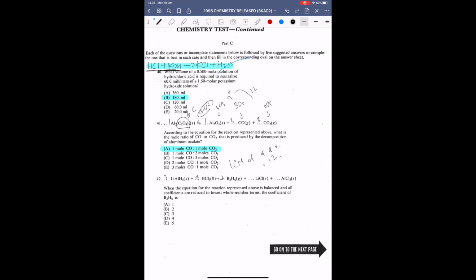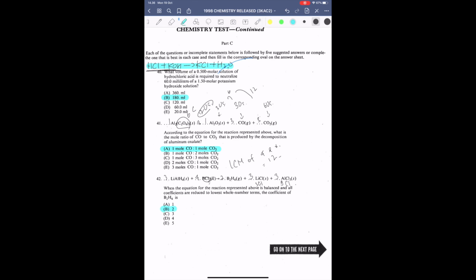And when we do that, we have 3 lithiums, so we need to put 3 there. And we have 3 aluminums, so we put 3 there. We have 3 Cl's, and here we have 9 Cl. And we know that it satisfies the 12 Cl on the reactant side, so the answer should be 2.